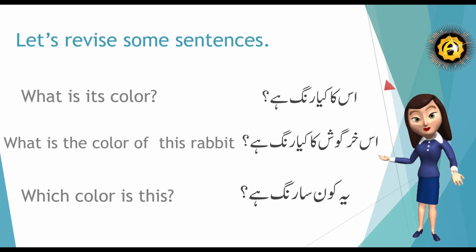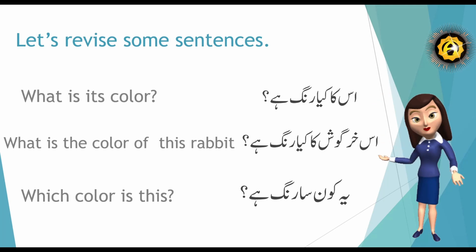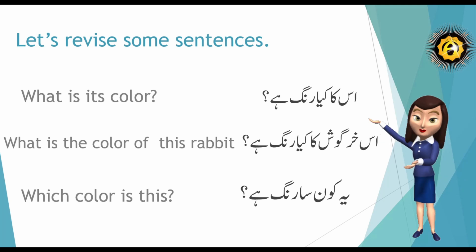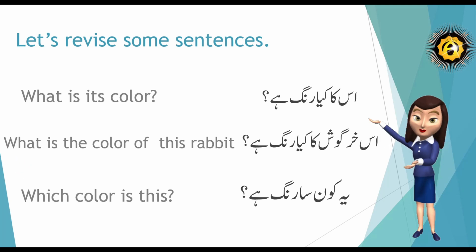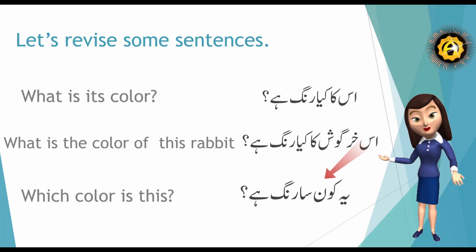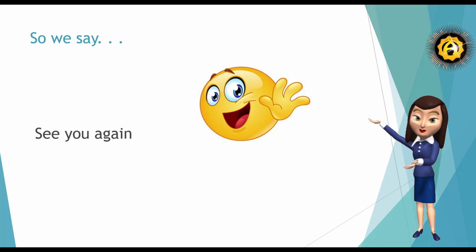And in Urdu it is khargosh ka kya rang hai? Then in English we say, which color is this? And in Urdu, ye kaun sa rang hai? Repeat and practice. Okay?